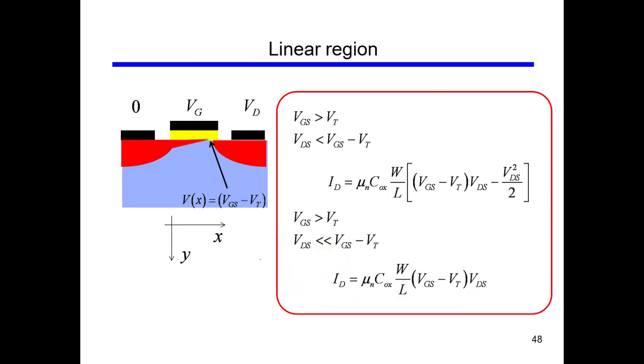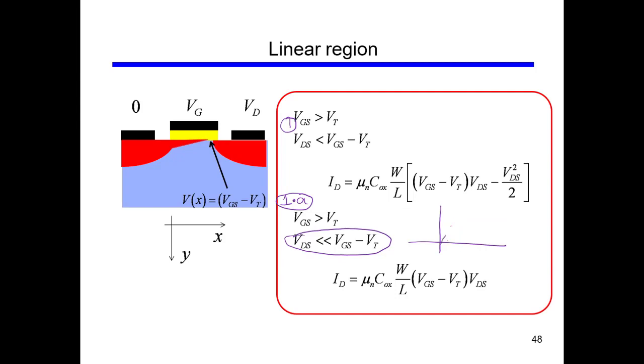What about the linear region? Basically the linear region is, I would say, case 1.A. It is a special case of the first case. It is a part of the triode region, and it happens when VDS is very much less than VGS minus VT.